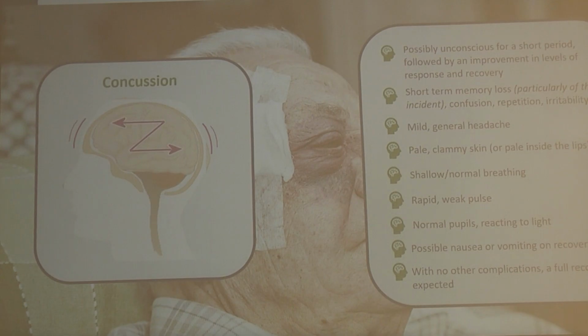So that initial impact essentially switches the brain off, for want of a better term, and they lose consciousness, and then it starts up again and they become conscious again. But the problem is that injury, we don't know how it's going to evolve. So it could then cause swelling, or it could cause bleeding, and it might cause pressure on the brain, and then they might become worse again.